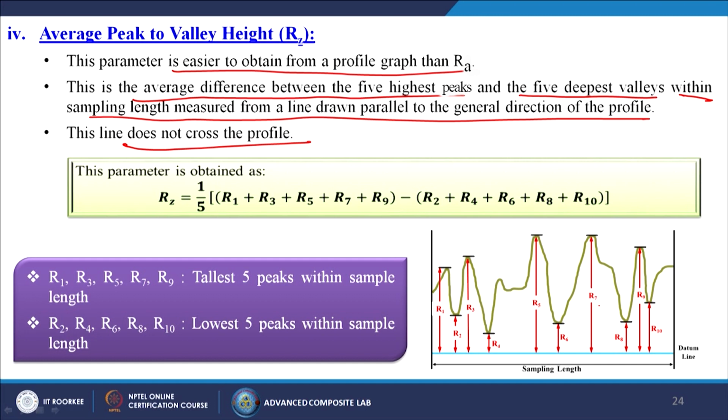So, the parameter is obtained as Rz is equal to 1 by 5 times R1 plus R3 plus R5. If you see properly, R1, R3, R5 are all positive, and R2, R4, R6, R8 are negative if I put the center line in this particular area.